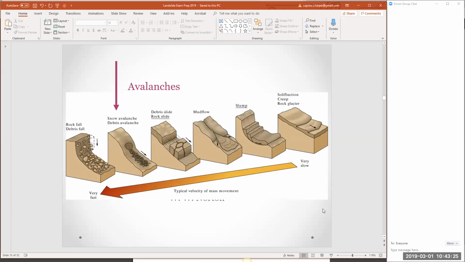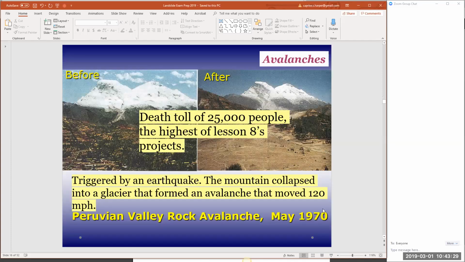The next fastest is an avalanche. And I set these up to sort of come one at a time. This is a lot all at once. And avalanches are talked about on the exam.